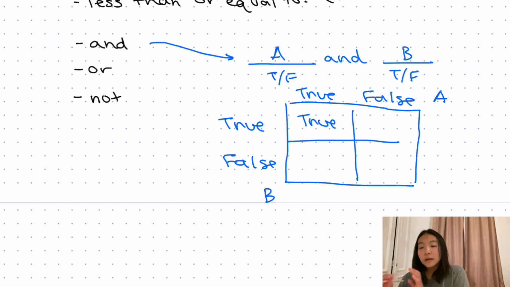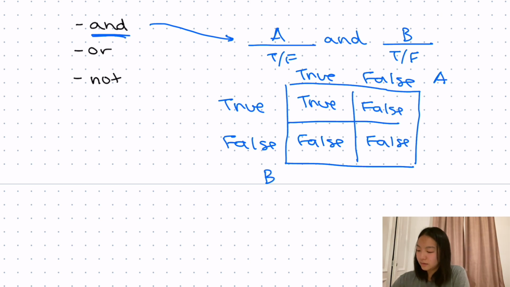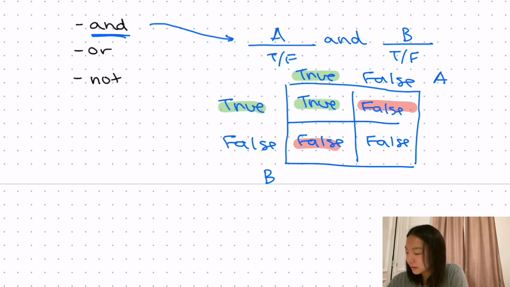However, if any part of this is false, then we automatically get false for the other ones. So and is saying that both of these have to be true in order to be true, and in any other case, the rest of these are false.